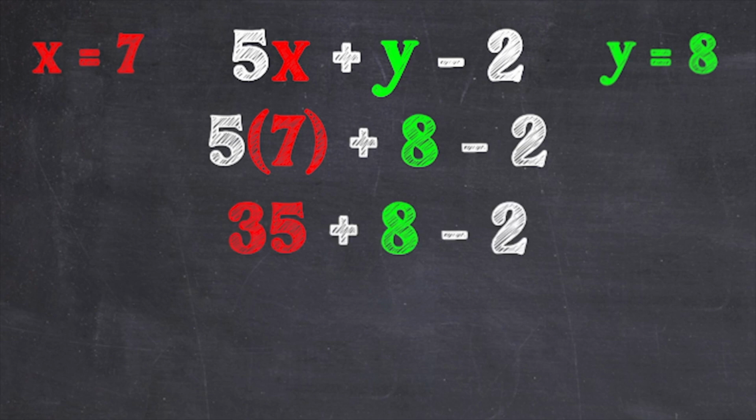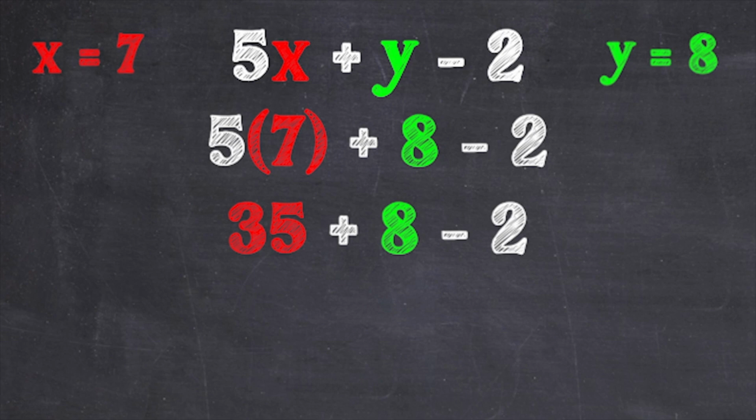The three terms of this algebraic expression are now reduced to 35 plus 8 minus 2. We can now simplify this using the order of operations. Note that the plus and minus signs appear in the same line. According to the order of operations, we need to go from left to right, so the addition needs to be performed first, and then the subtraction.